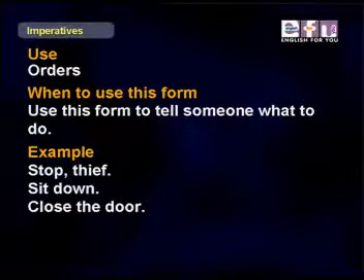All right, we can use imperatives to give orders. So we use this form to tell someone what to do. For example, we can say, "Stop, thief. Sit down. Close the door." Those are all telling someone to do something.